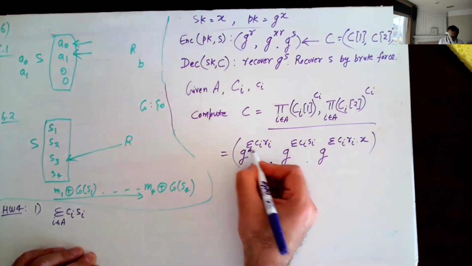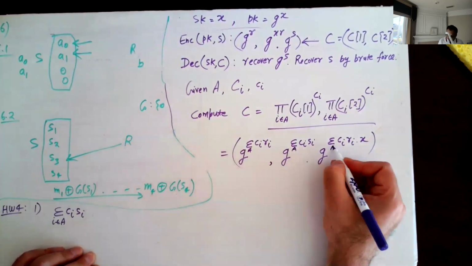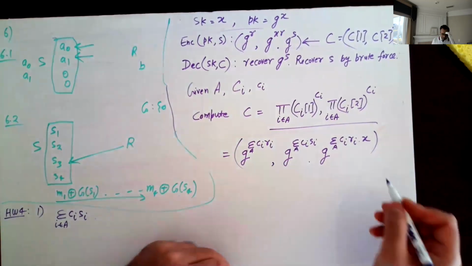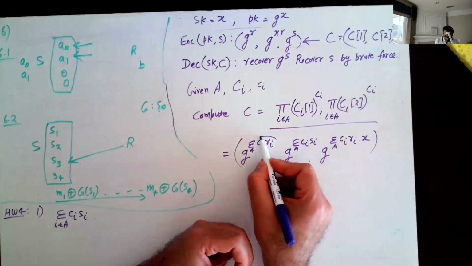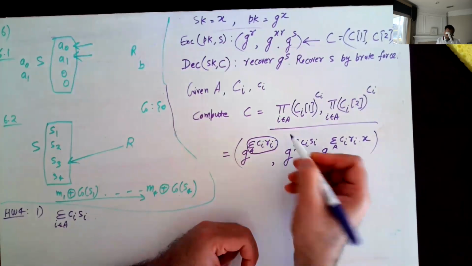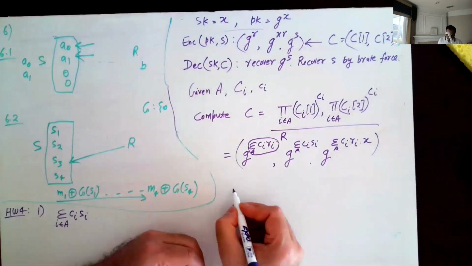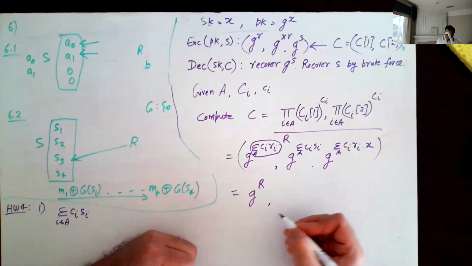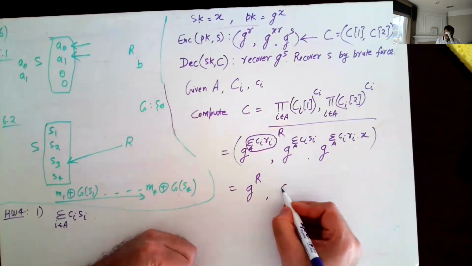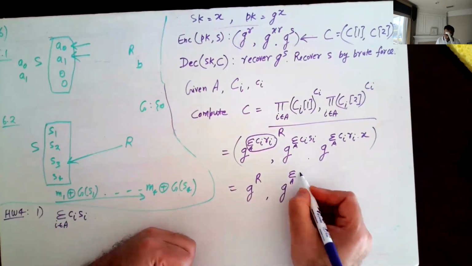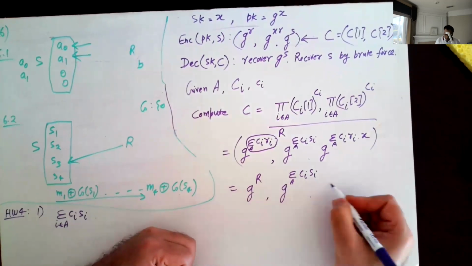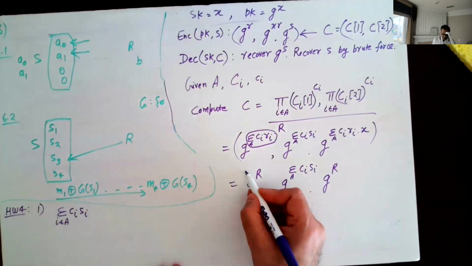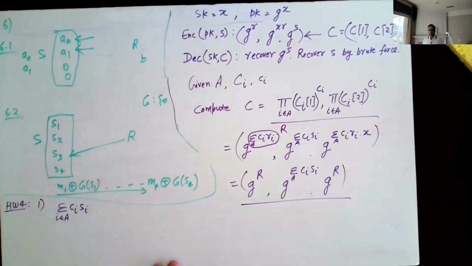And again, this summation is over A. Let's call this value some capital R. So this is just g to the power capital R, comma, g to the power summation ci si times g to the power capital R. So this is just an ordinary ciphertext in our system.